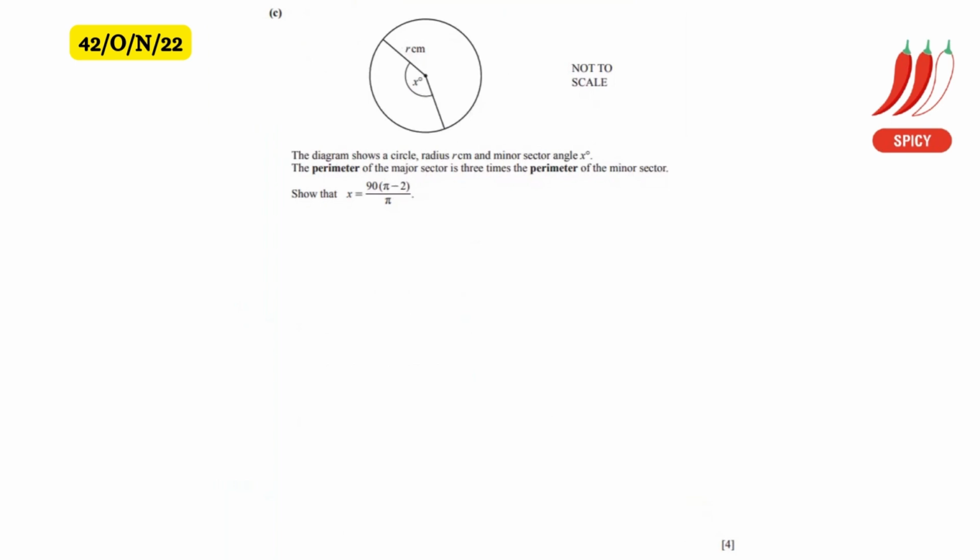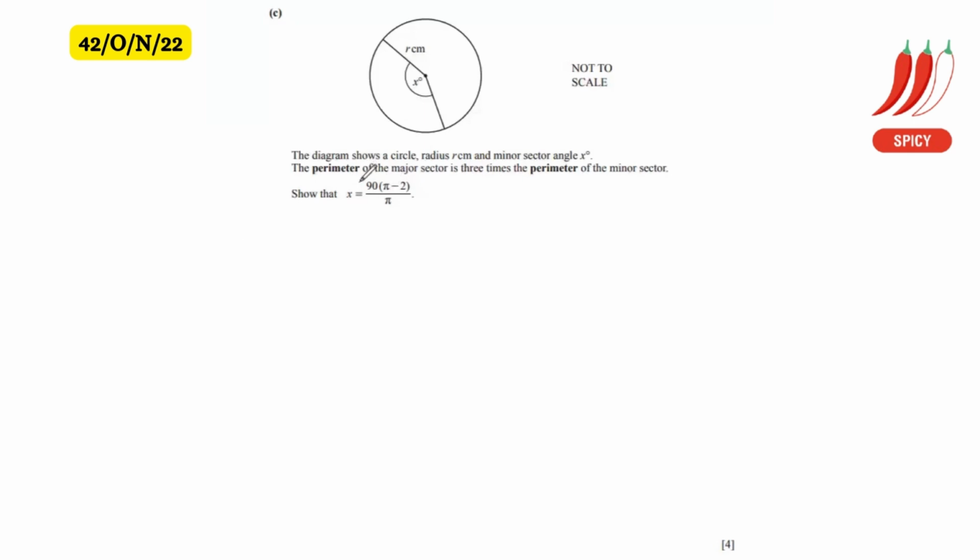Then part C says the diagram shows a circle, radius r centimeters, and minor sector angle x degrees. The perimeter of the major sector is 3 times the perimeter of the minor sector. Show that x equals 90 minus 90 times pi minus 2 over pi.